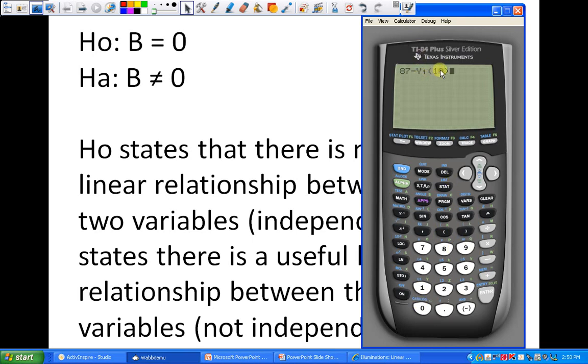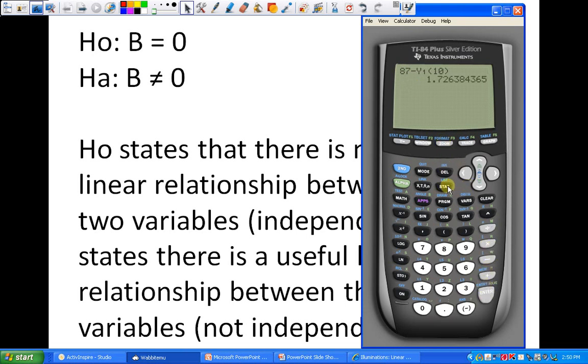This is just like f of x when you're putting the x value into the function. Okay, so my equation's in y1. I'm putting 10 into that, and I'm subtracting it from my actual value, what I actually observed, and I'm going to get my difference. That's my residual.